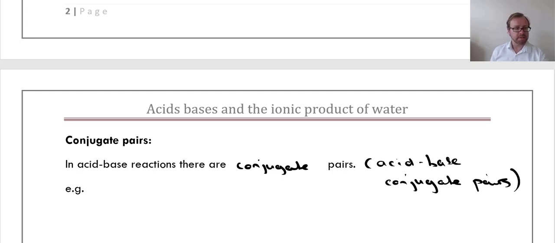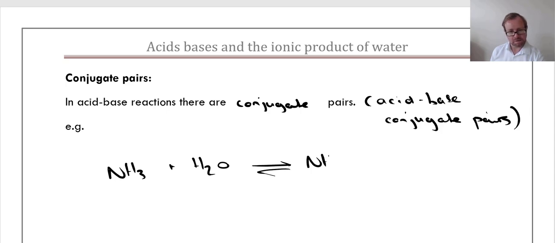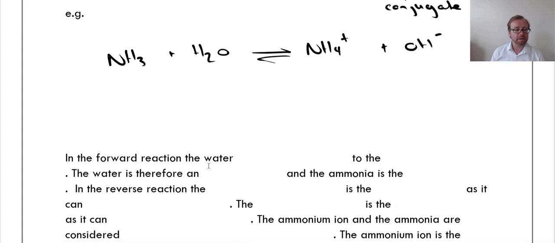Let's do an example of this. So in this example, we will have ammonia plus H2O forms NH4 plus and OH minus. And then we'll quickly go through this.